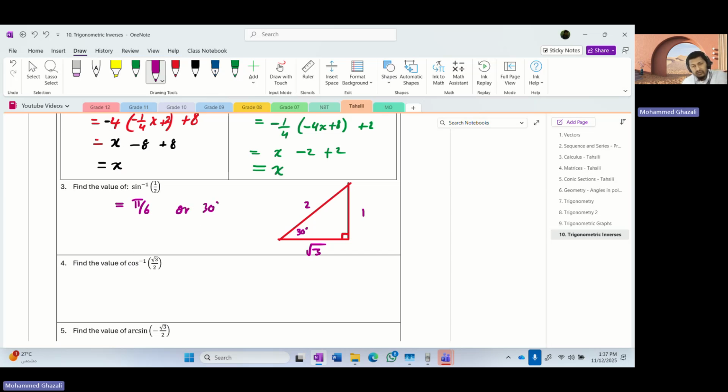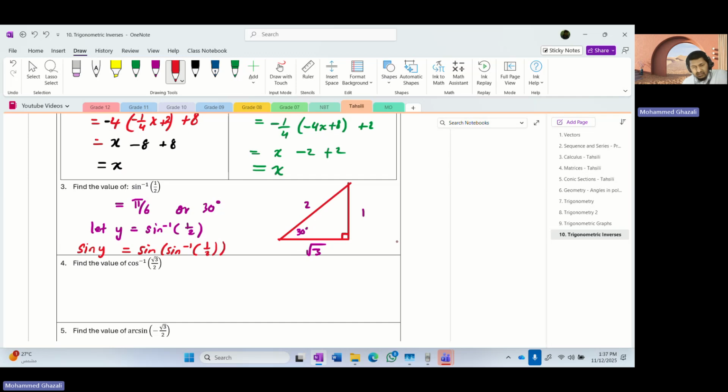or 30 degrees. Because when you solve this equation, you can say let y equal to sine inverse half. You can sine both sides. So you can say sine y is equal to sine of sine inverse half.